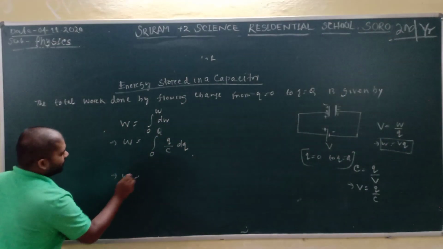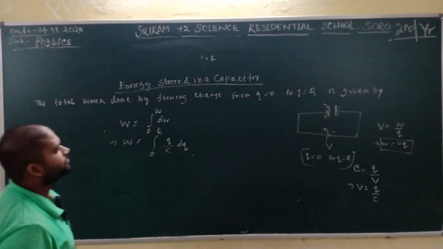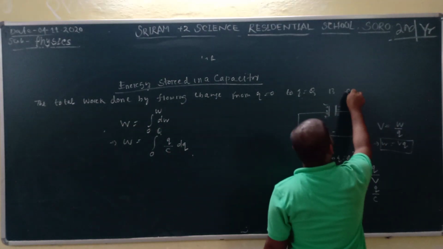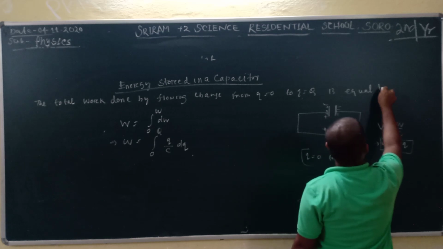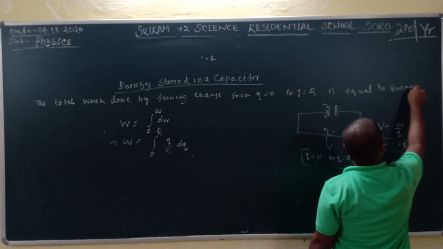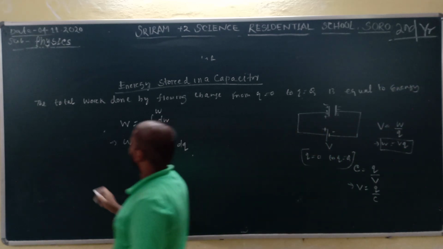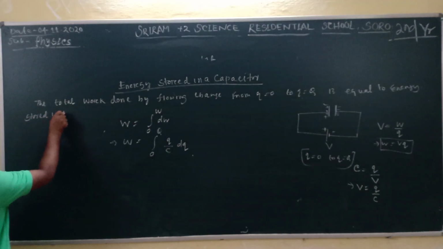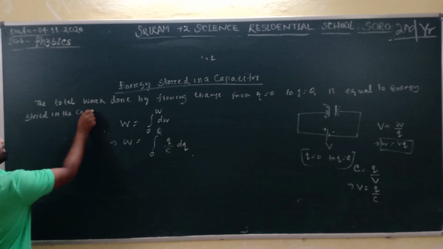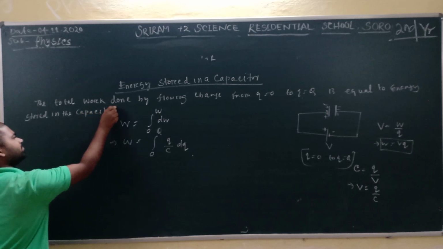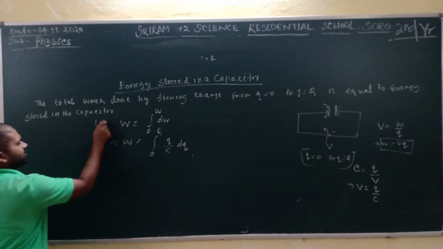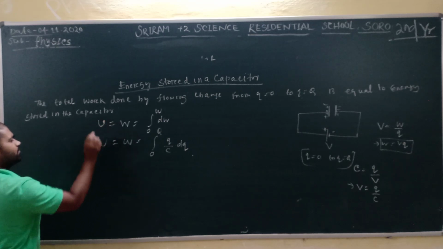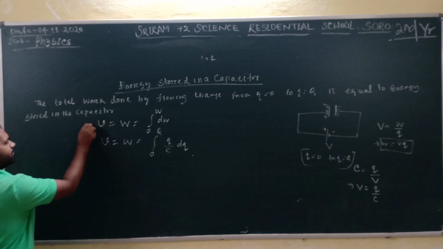So W, for capital Q, is equal to the energy stored in the capacitor. That is, U equals W, writing it as small u.